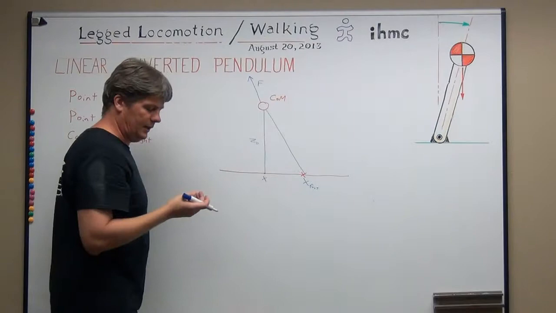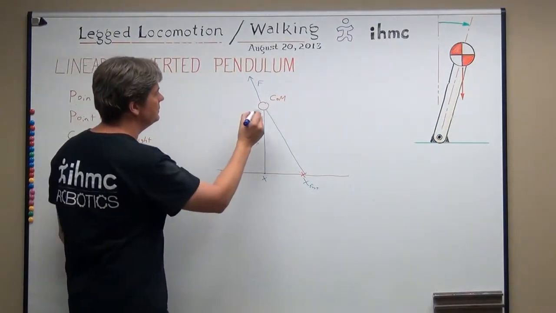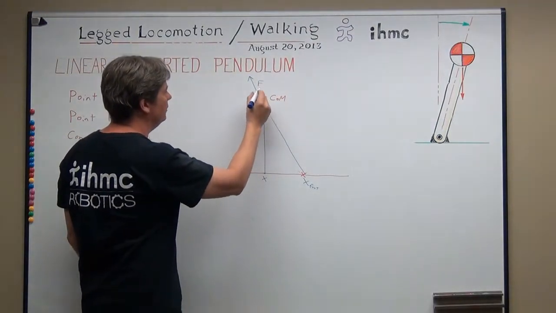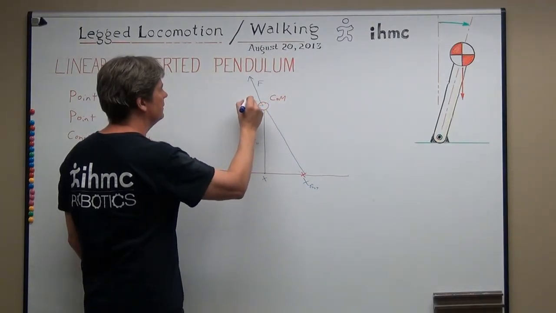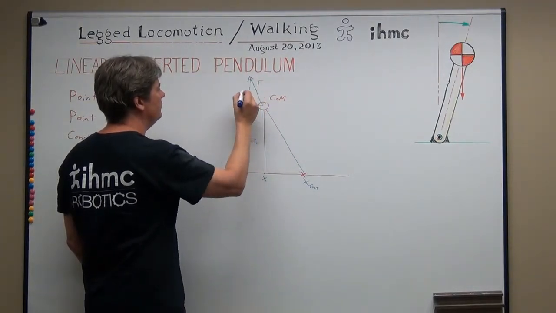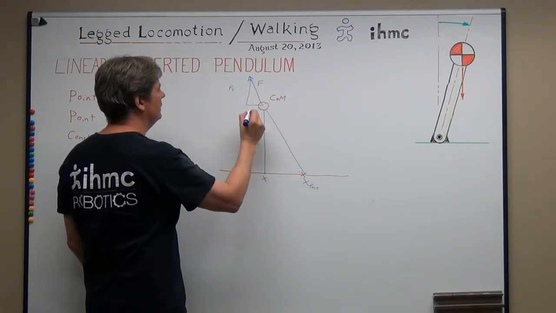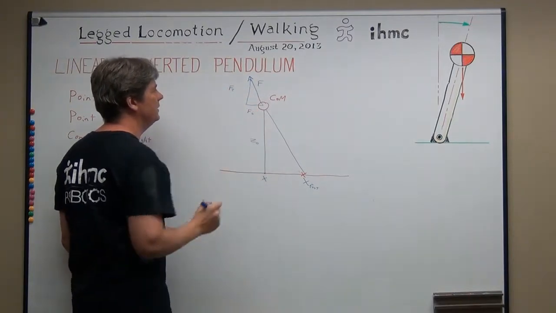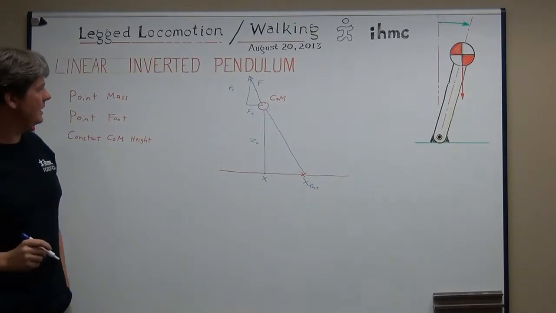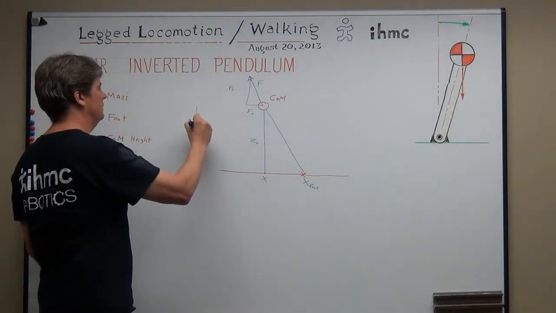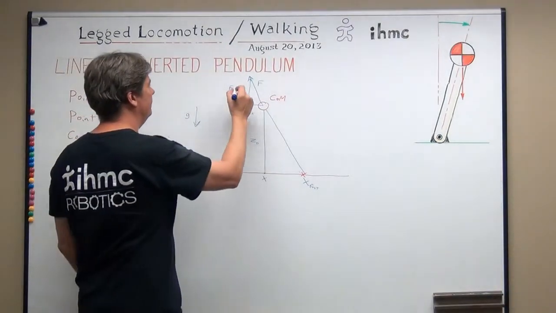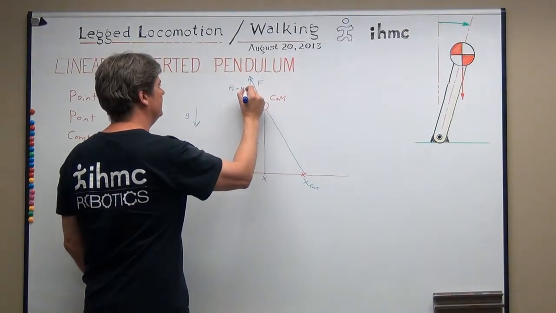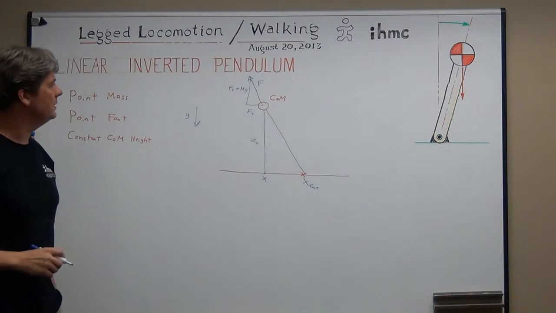The way I like to derive the equations of motion is to look at the components of the force vector. There's some vertical force Fz and some horizontal component Fx. What does Fz have to equal? The weight of the center of mass, mg.